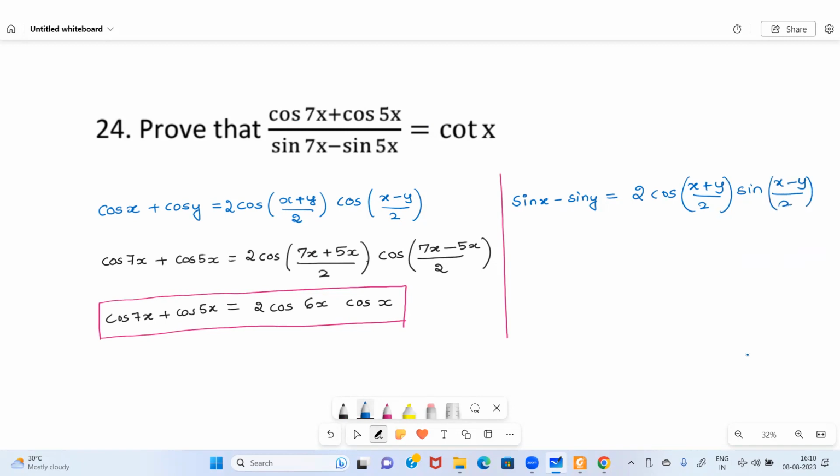Clear? So now for the given question, let us write. It is in fact sin 7x − sin 5x, correct?